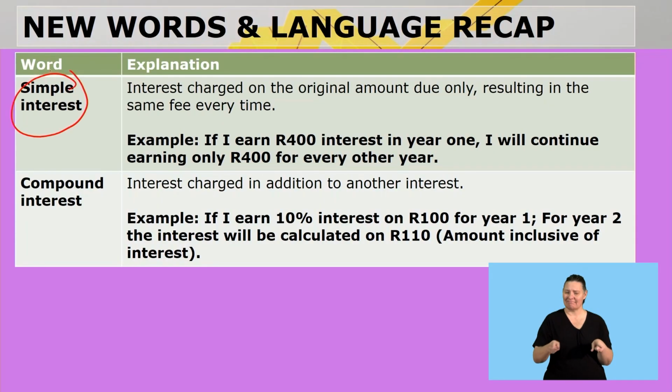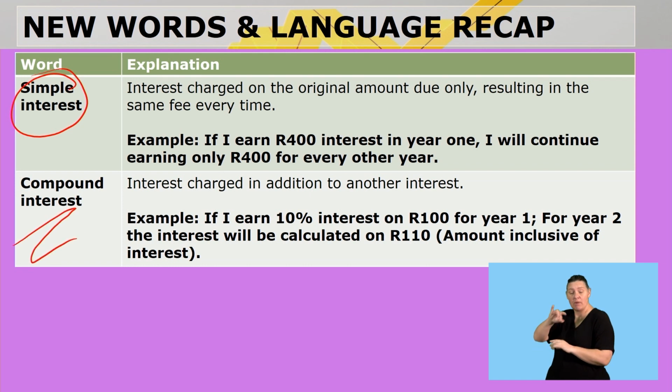Then the two types of interest. Simple interest, it's interest charged on the original amount due only, resulting in the same fee every time. For example, if I earn 400 Rand interest in year 1, I will continue earning only 400 Rand for every other year.